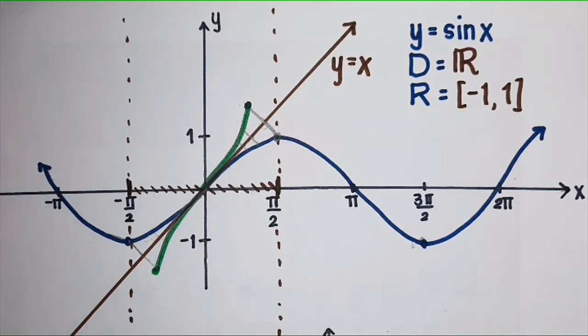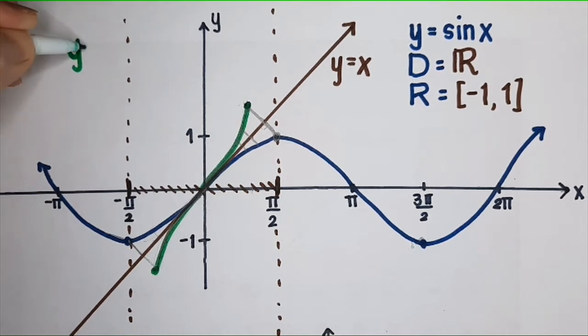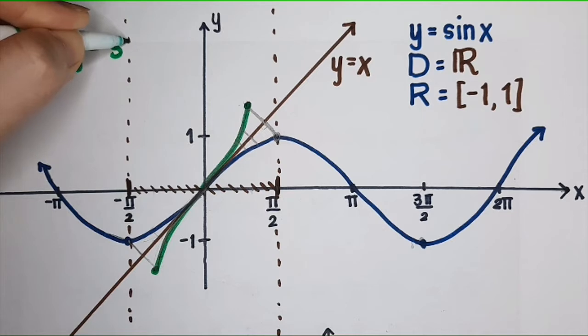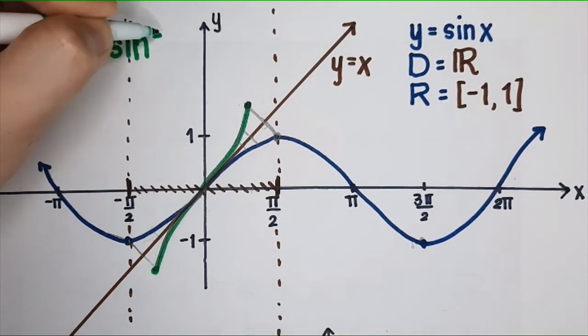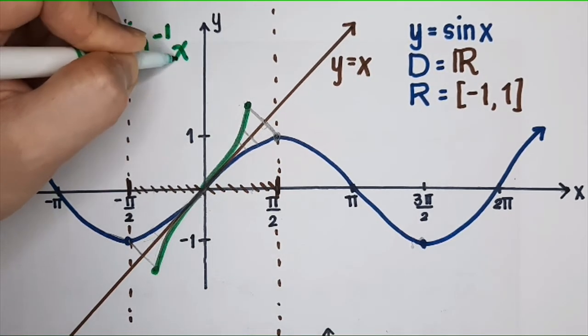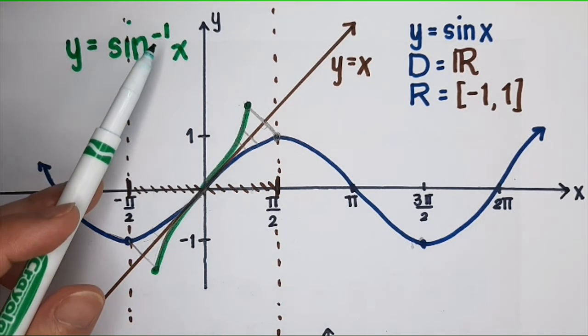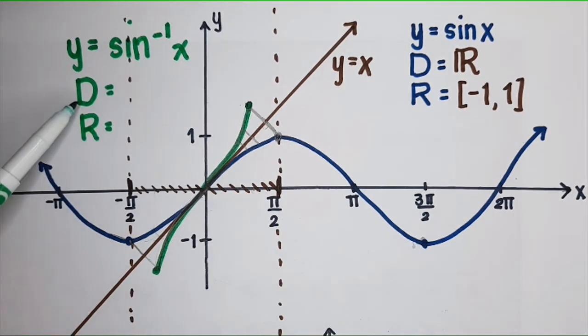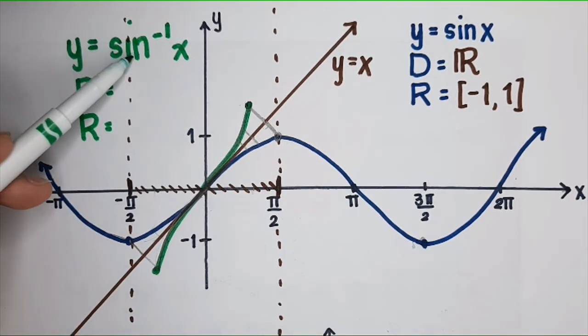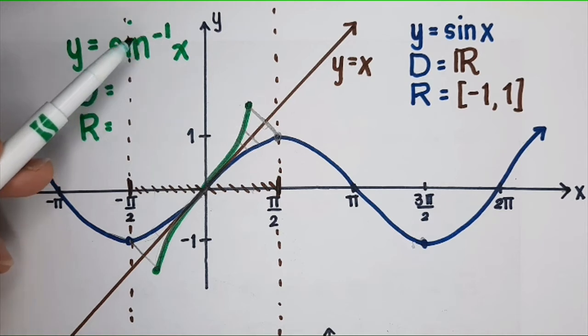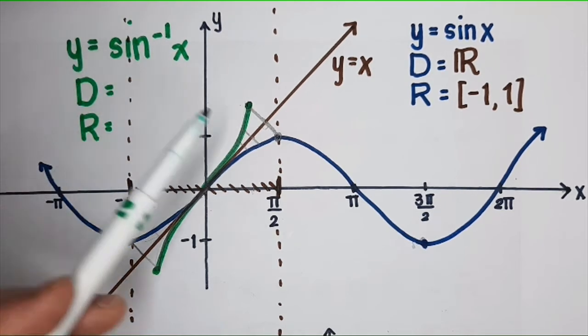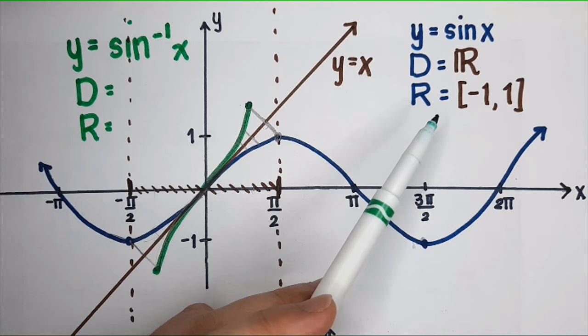Let me write here. So, di ba yung green, that's the graph of the inverse sine function? Okay, so we now have y equals the inverse sine of x. Yes, that's how you write it. Sine inverse of x. Ang domain ng ating sine inverse or inverse sine function ay range ng original function.